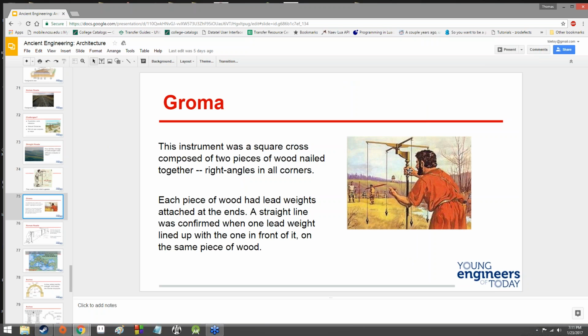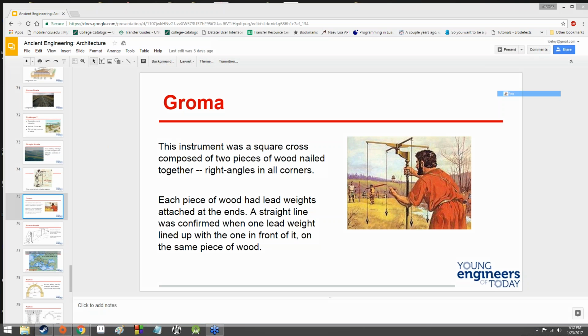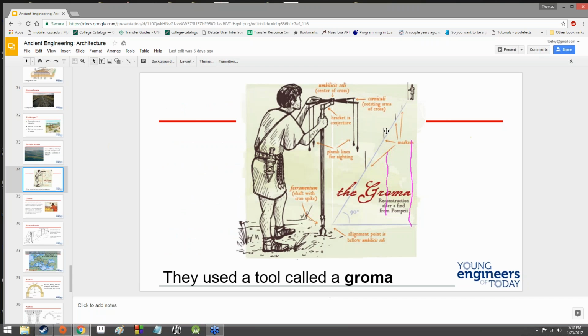So you'd look down it. Let's use a different color, one that's easier to see versus this drawing. If you're looking down it and you see that this lead weight is obscuring this lead weight, you're looking down a straight line. And if it obscures all of the markers that they have set up, they know that they're building a straight road.